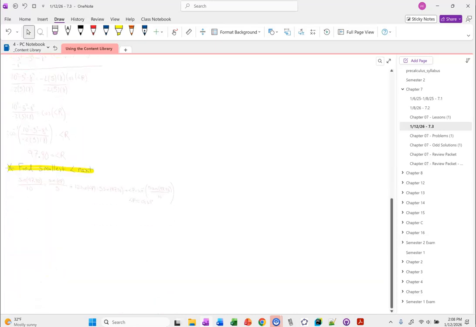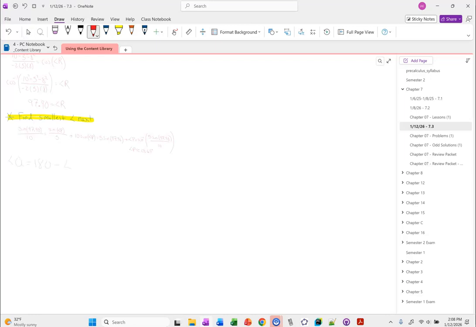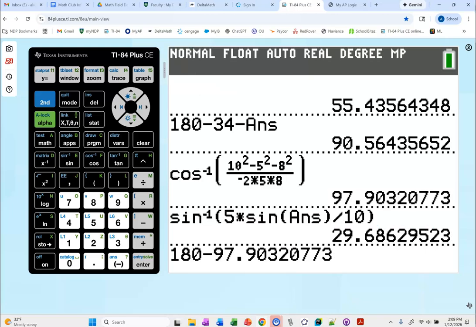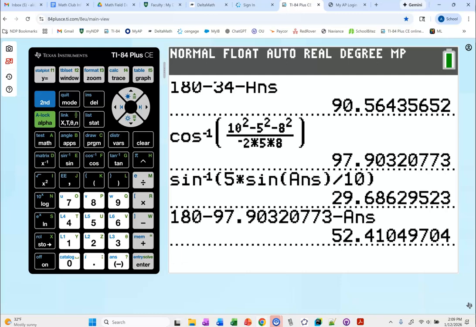And then to find angle Q, that's the easy part, because I have angles R and P, so I can just subtract. So 52.41.